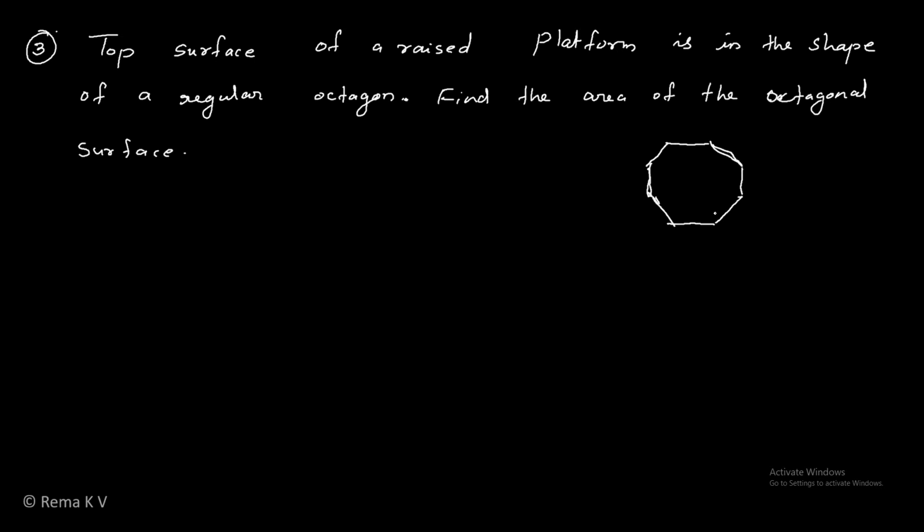Octagon means 8 sides. So it is an octagonal surface, and it is given that this length is 11 meter and the side of this octagon is 5 meter. Since it is a regular octagon, all the 8 sides are equal. So it is 5 meter.